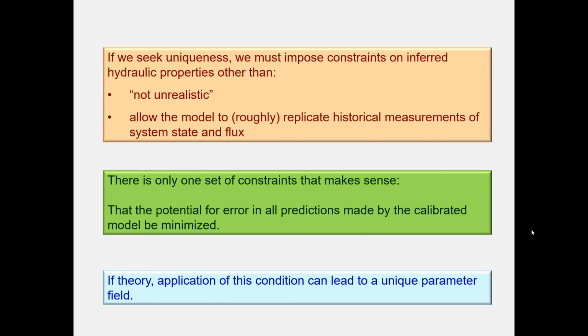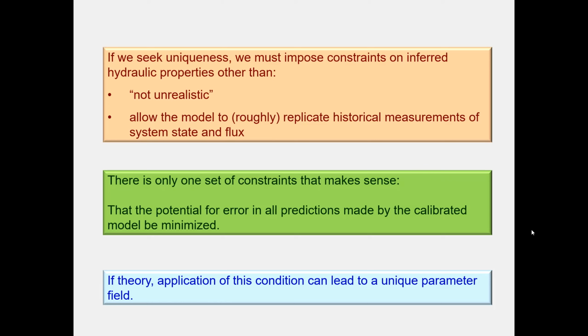And those constraints that are applied to the parameters that are estimated through the calibration process are that the solution to the inverse problem that we solve when we're calibrating a model is of minimum error variance.